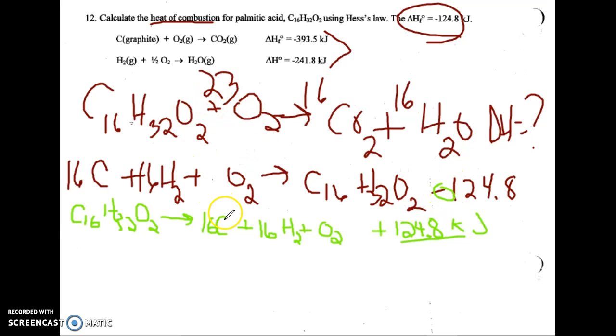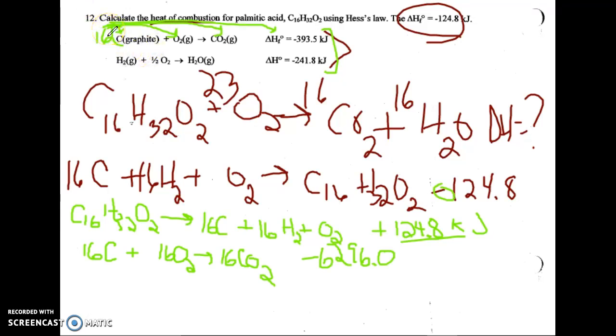Next thing I see is that I have 16 carbons here that I need to get rid of. So if I go back up to this equation, I can do 16 times this, and then distribute that the whole way through. I'm going to write that below.